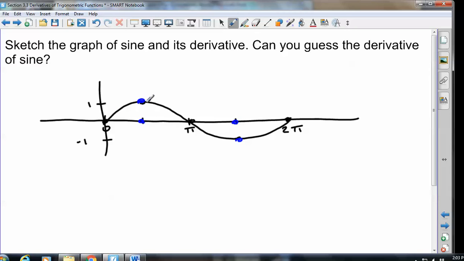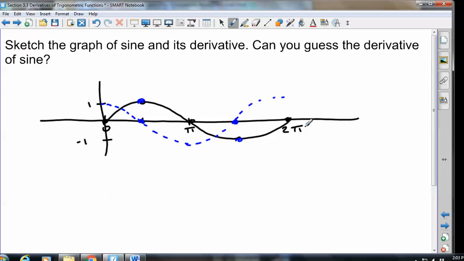This part was increasing, so that tells me my derivative was positive. And then it was decreasing, so the derivative is negative. Still decreasing, so still negative, but we have to come back and hit our 0. Then this part is increasing, so the derivative is positive.